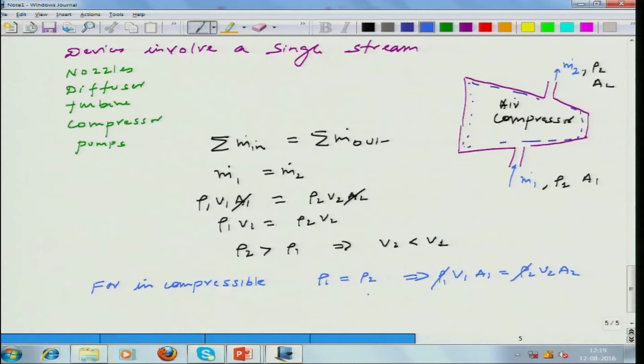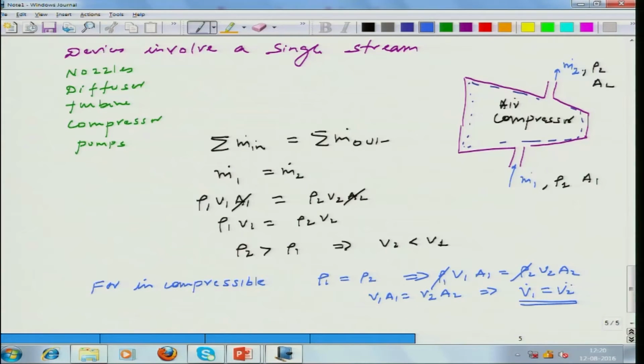So this would mean that V1 times A1 should be equal to V2 times A2. In case of the same cross sectional area, this would mean V1 should be equal to V2, or if it is a different cross sectional area, this is nothing but your volumetric flow rate, which should be the same for such an incompressible fluid. So this would be your generic expression for incompressible single stream systems.